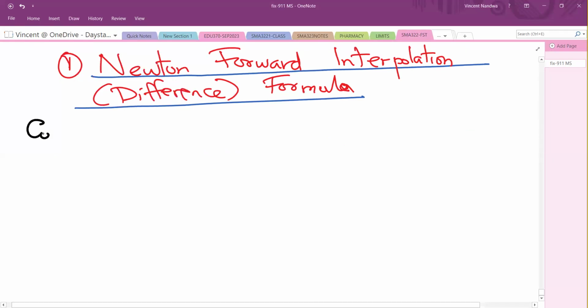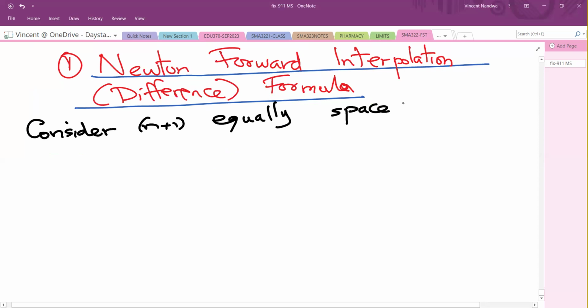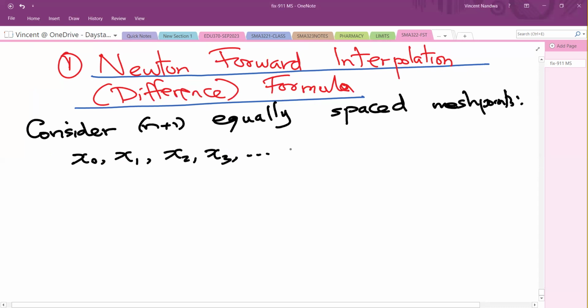So consider n plus 1 equally spaced mesh points. So we have x naught, x1, x2, x3, all the way up to xn.